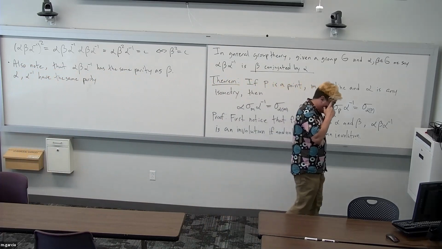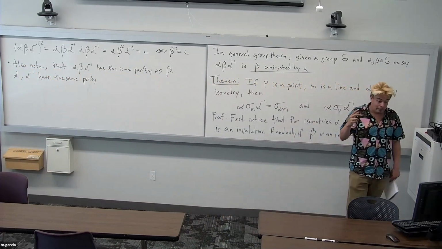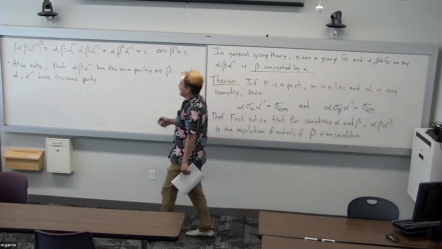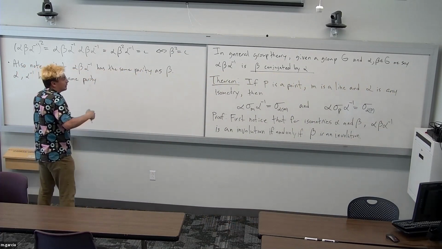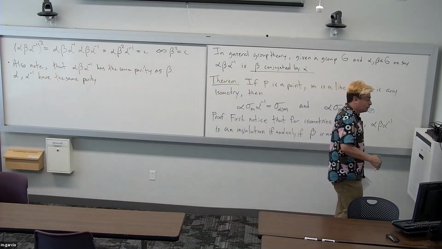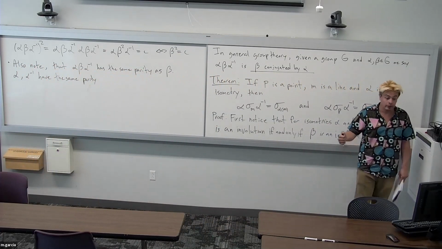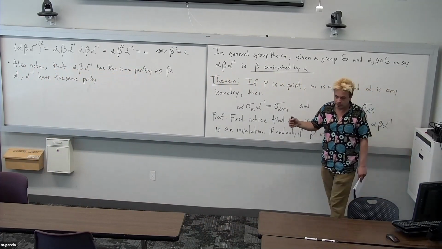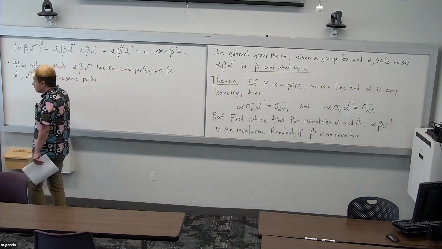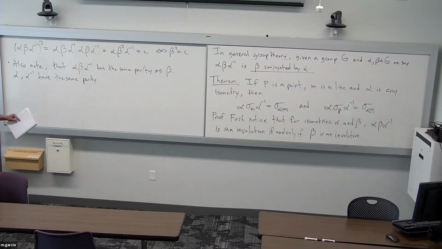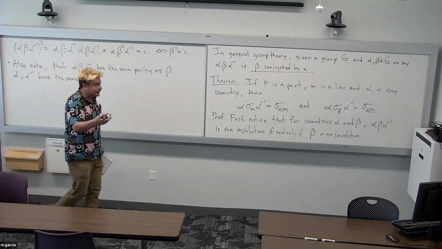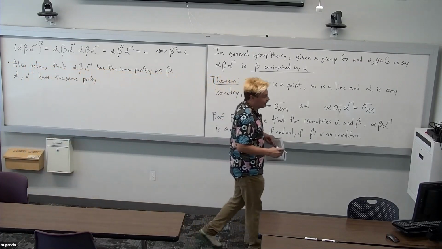Okay? So now, if beta is even, then we get an even number of reflections from beta plus the even number of reflections from alpha and alpha inverse, which gives us an even parity for alpha beta alpha inverse. Okay? If the parity of beta is odd, then we get an odd number of reflections from beta and an even number of reflections from alpha and alpha inverse.